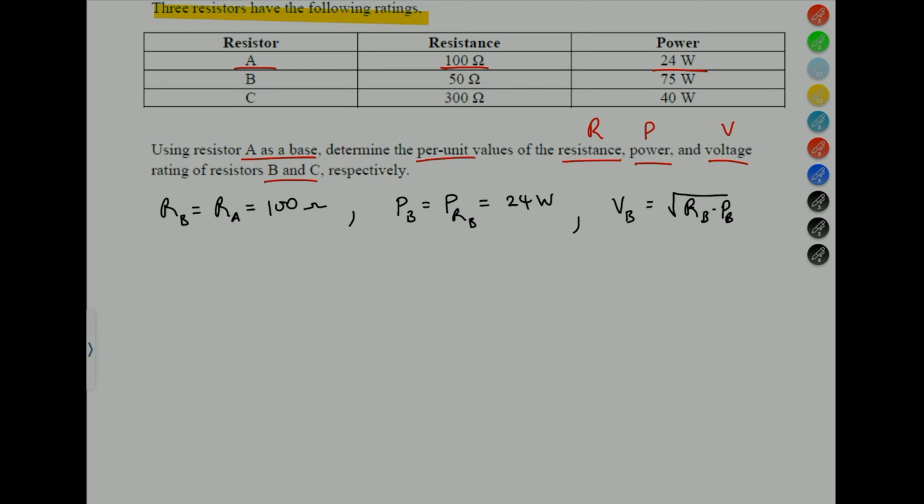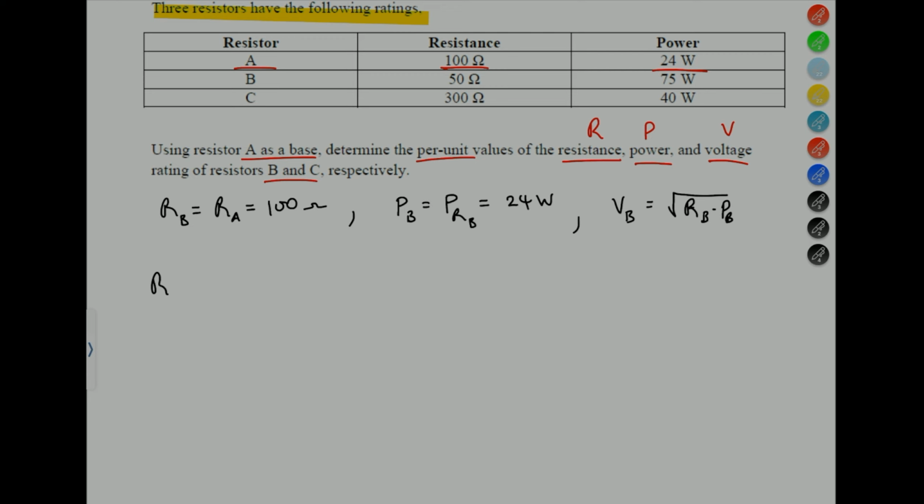So to find the per unit value of resistor B, we know that the per unit, so that would be RB. Oh, there it goes again. So R, and just let's just say that. Let's just use the base.